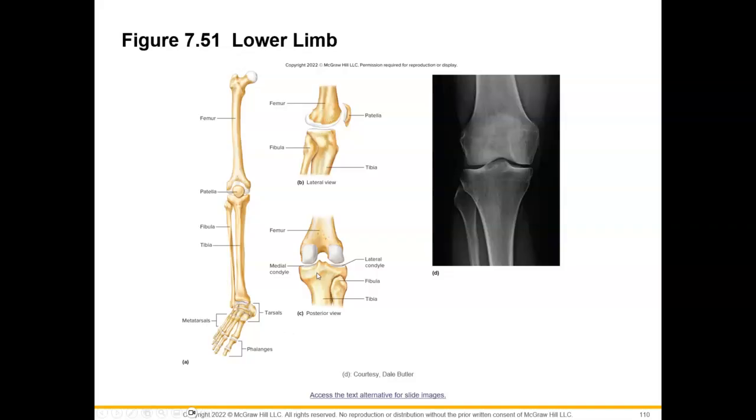Notice that the femur articulates with the tibia, not the fibula. The fibula just attaches to the tibia at the top. Okay, and it's the condyles that will articulate with the femur.